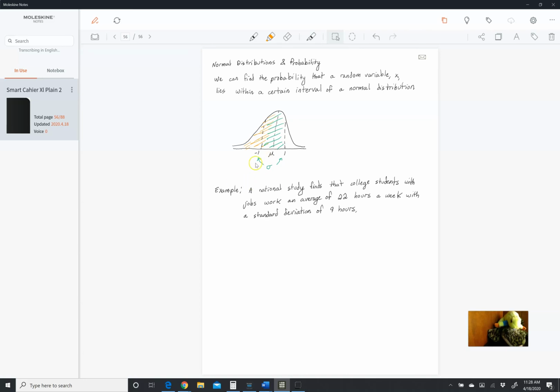Notice all of these, they're going to give you an average and a standard deviation. Then we're going to ask the same questions that we asked with probability distributions.